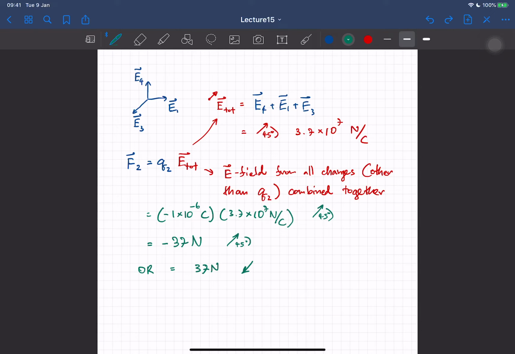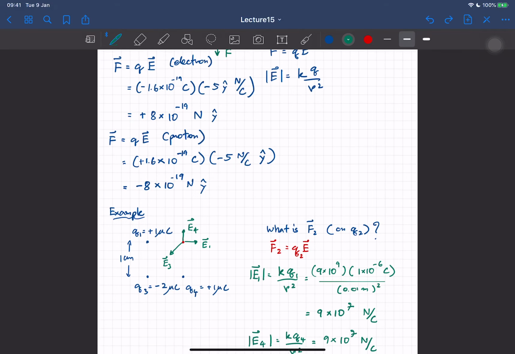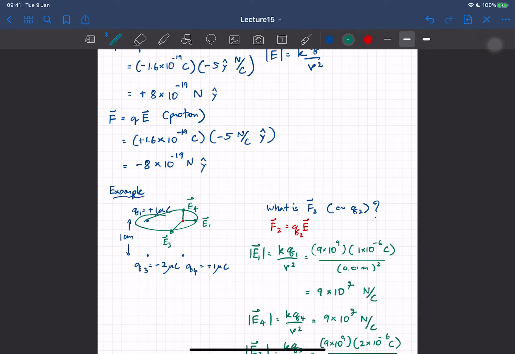For example, let's repeat this calculation, but now Q2, which is here, let's change from minus 1 microcoulomb to plus 10 microcoulomb. What's the force on Q2 in this case? If you do it the same way as last time, you need to recalculate the Coulomb force for every pair again, and then combine them.